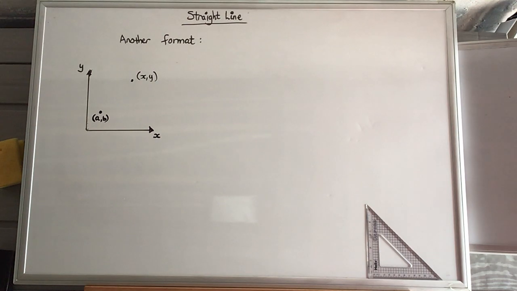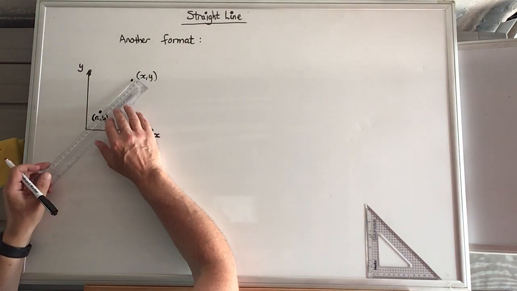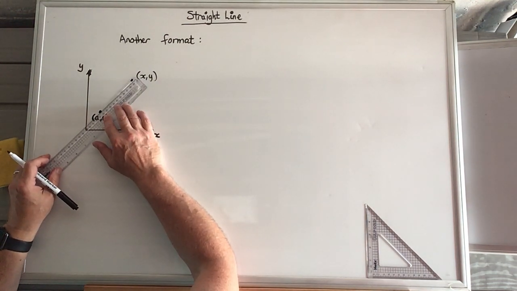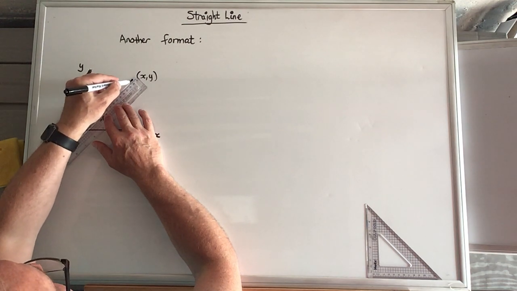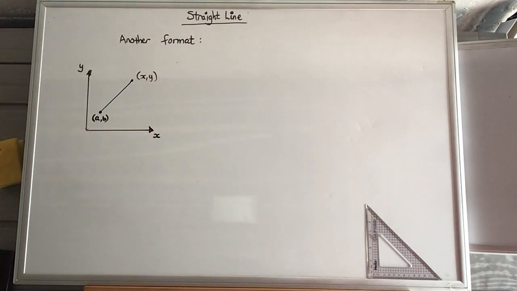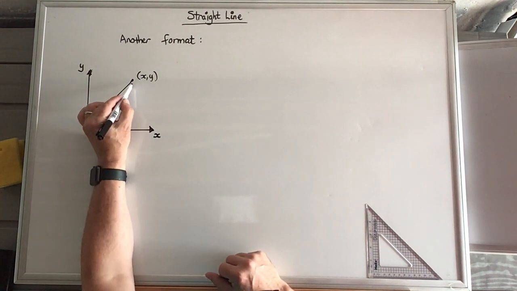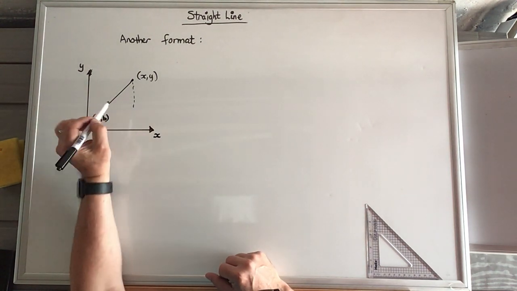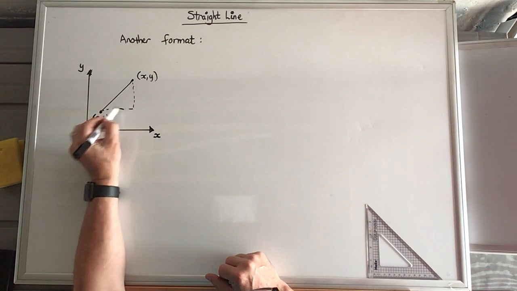So we'll take a ruler and we'll draw in a line. And we're going to work out the gradient. So draw in your right angle triangle.